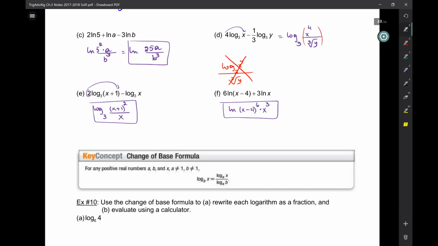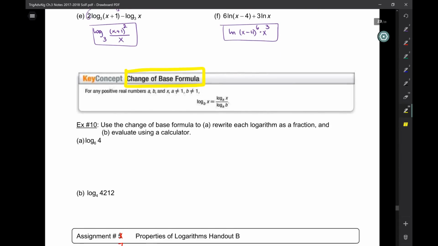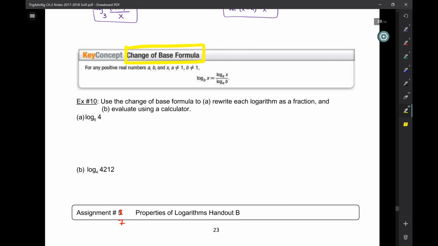Okay. Now, one other thing. Change of base formula. Okay? So this first one here, log base 6 of 4, it has a base of 6, right? It used to be that calculators couldn't evaluate base 6, so you would have to put everything in terms of base 10.